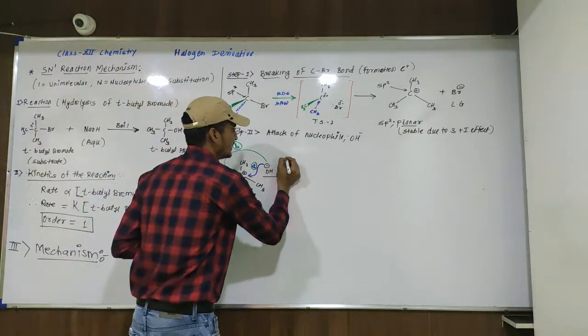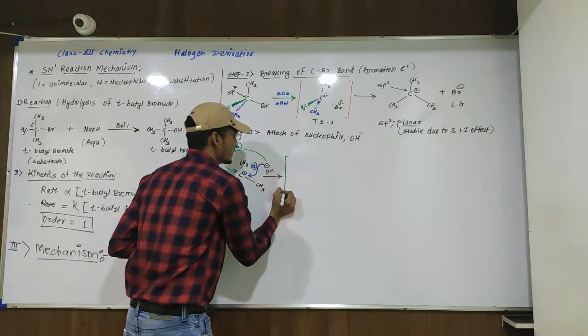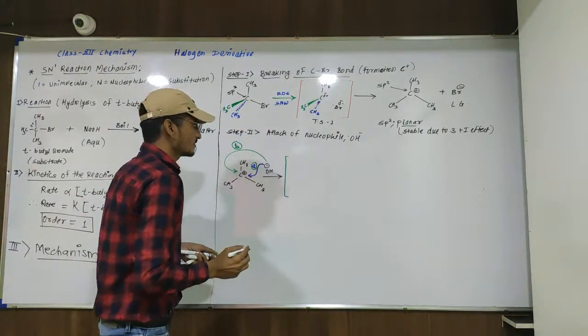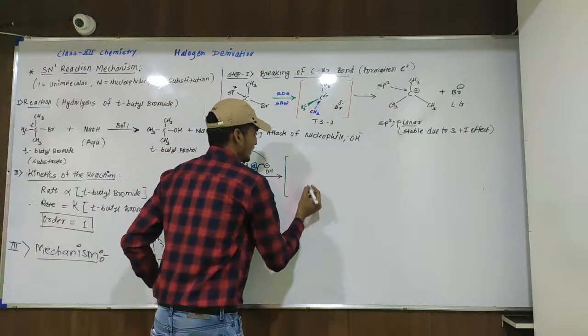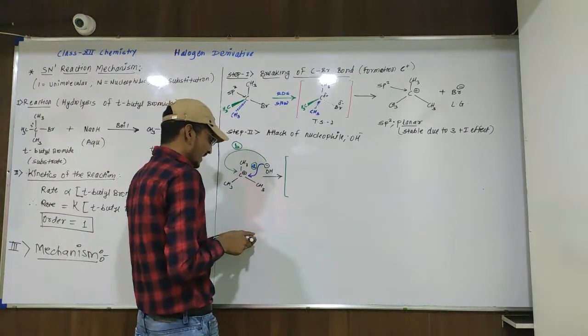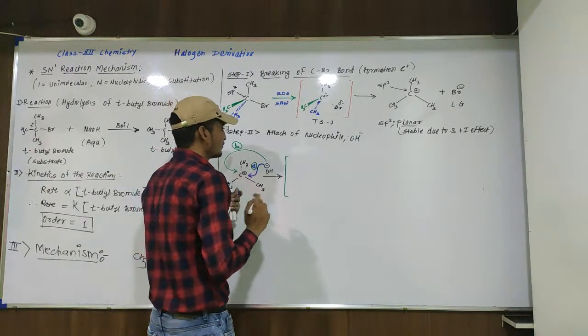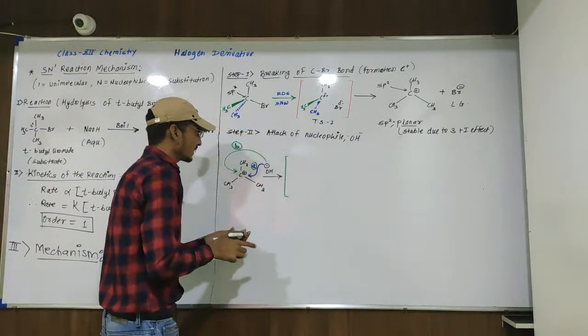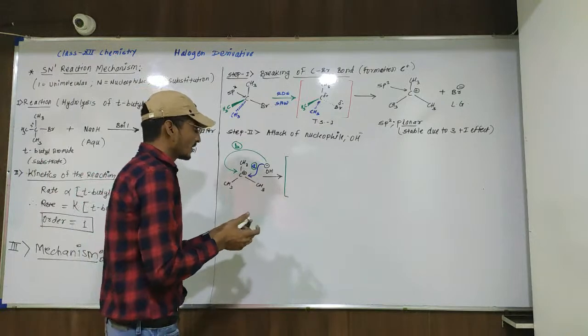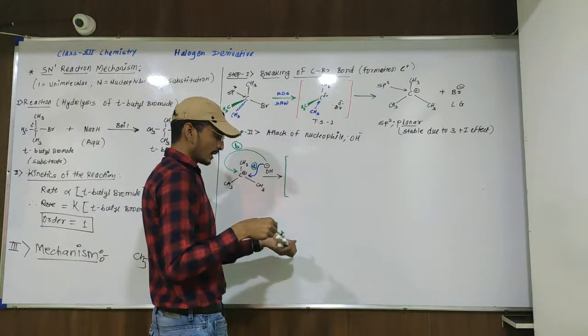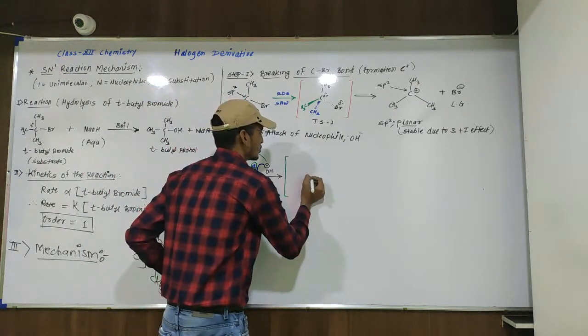But before that there is one intermediate state. That intermediate state is nothing but the transition state. So the nucleophile attacks from the back or front side, so the OH is directly bonded with the carbon, but that bonding is not perfectly completed, or you can show it in this way.